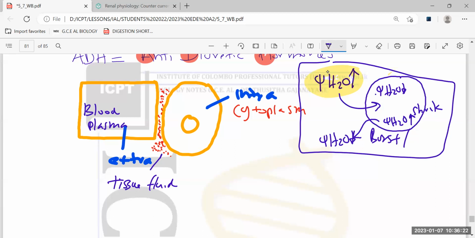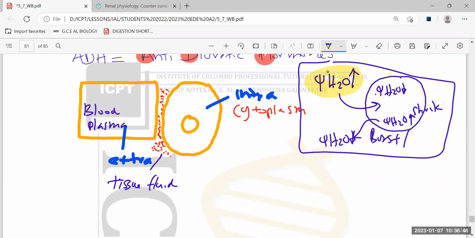So it is better to have isotonic conditions. Isotonic condition is the correct condition. Then there is no net movement of water, but a separate mechanism can operate from the blood to send fluid out of the blood, and then the cells can take it.